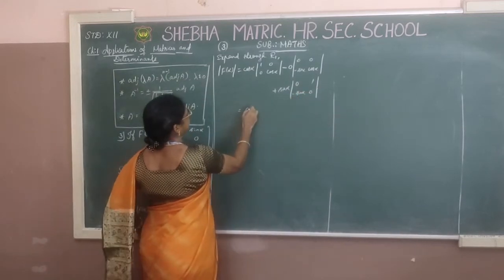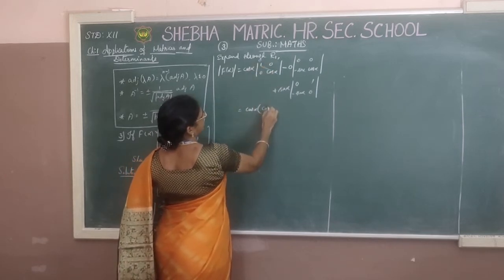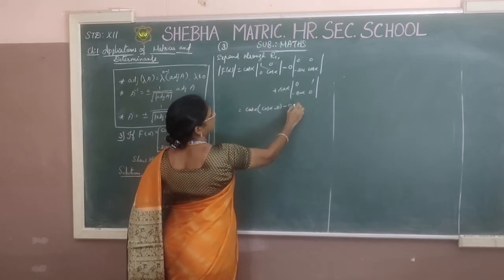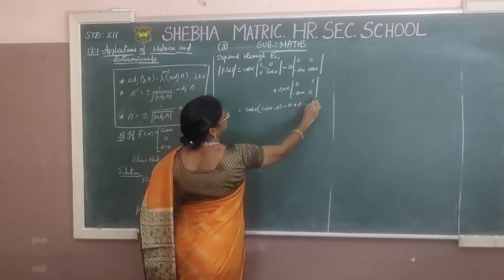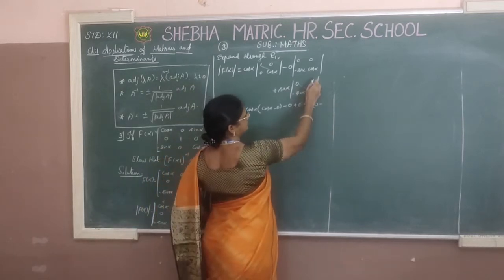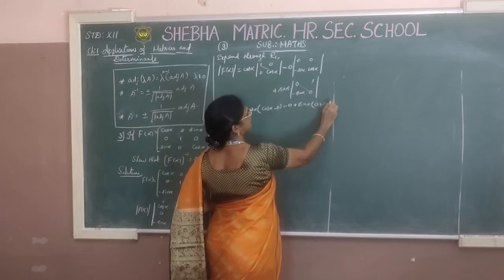Okay. Expand this, we get cos alpha into, multiply these two, cos alpha minus 0, minus 0 into something is 0. So, plus sin alpha into, multiply these two, 0 and minus sin alpha, so it will become plus sin alpha.